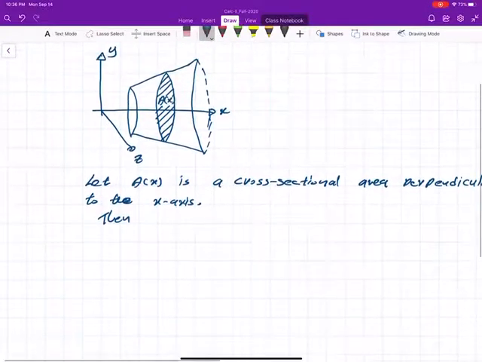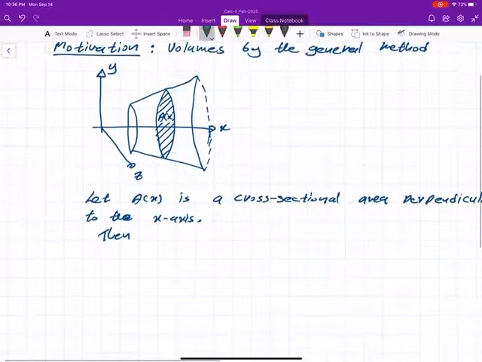Then if somebody has to compute the volume by using this cross section, you can simply write it.